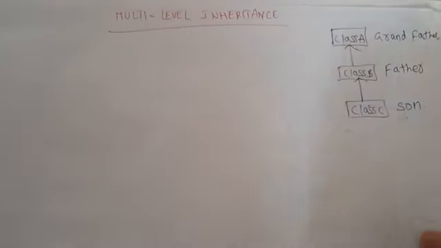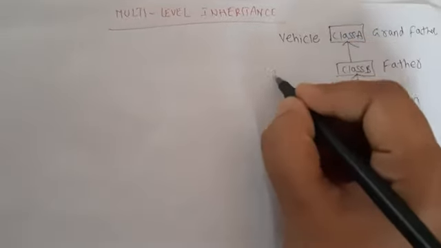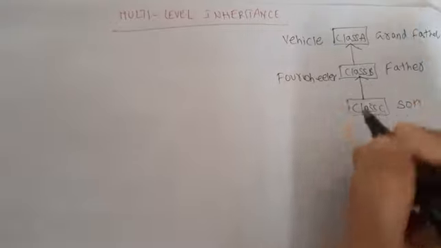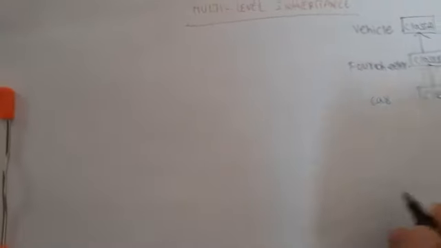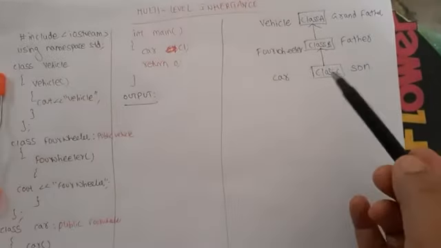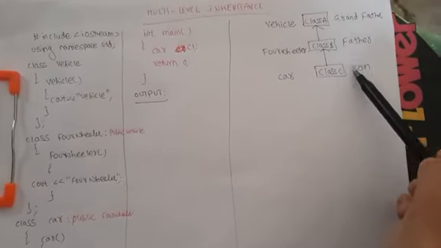So you can take an example like this: there is a vehicle class, this is a four-wheeler class, and this is a car. Previously, in the same way that I wrote, now we can write an example. So I have taken three classes, vehicle, four-wheeler, car, like grandfather, father and son, as an example.